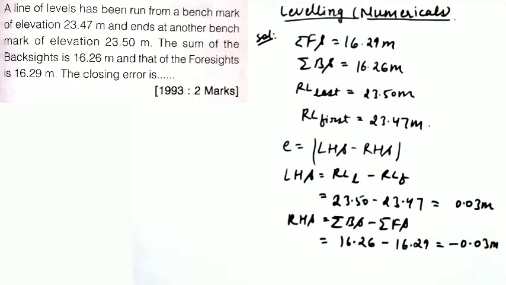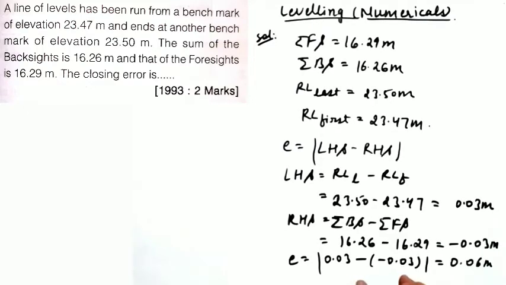But since the signs are different, there is a closing error. The closing error is 0.03 minus minus 0.03, so this turns out to be 0.06 meters. This is the closing error associated with the leveling work that you did.